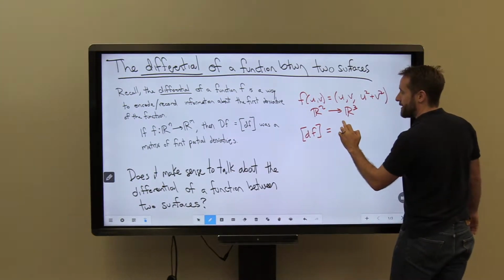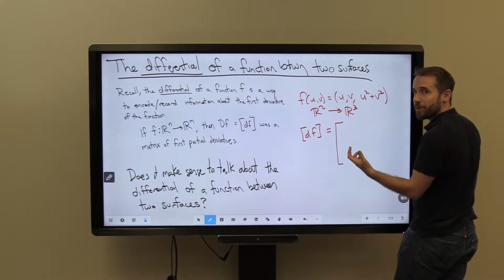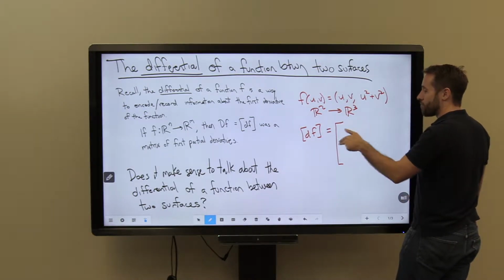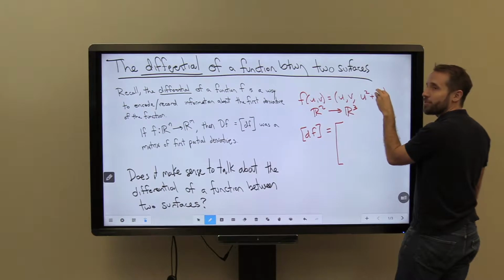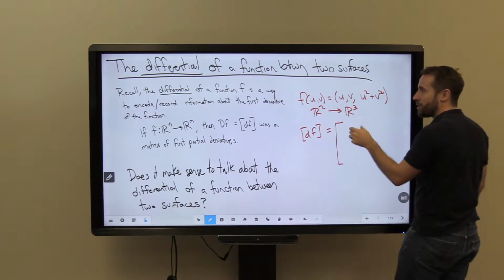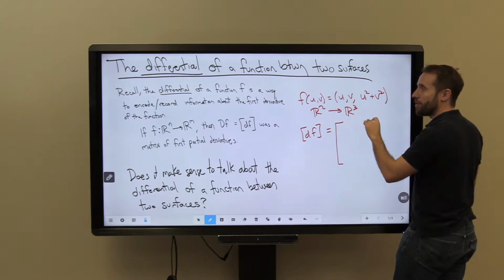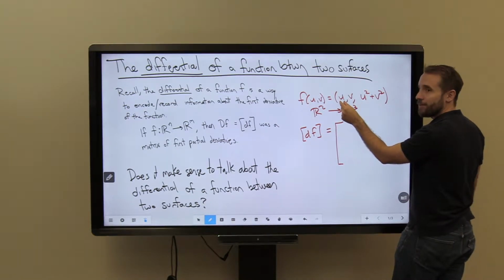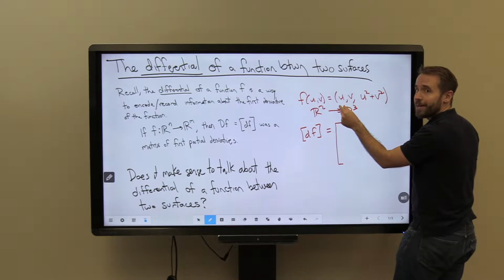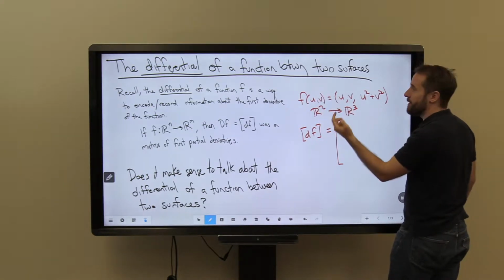Each row corresponds to one of these three entries, and each column corresponds to a given kind of derivative. So this first row would just be looking at the u function, and we would take its gradient: first its u derivative, and then its v derivative.